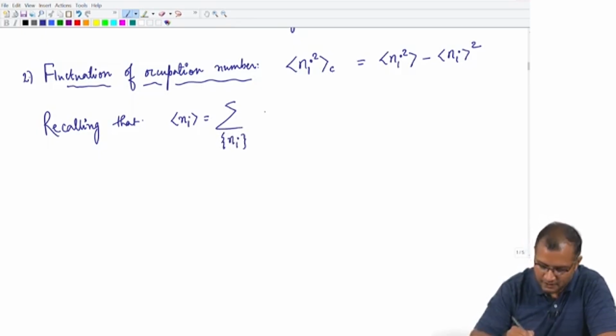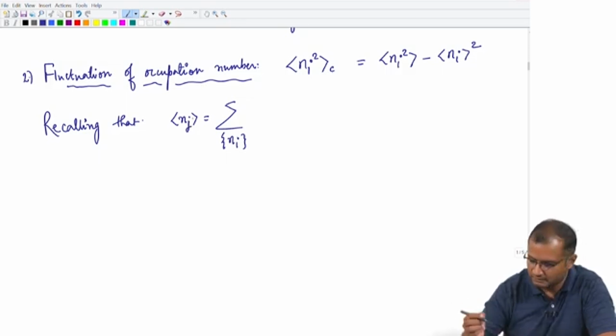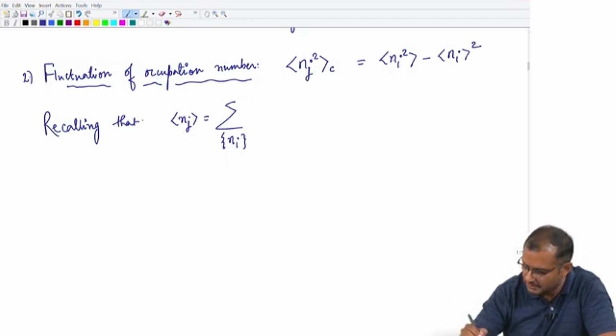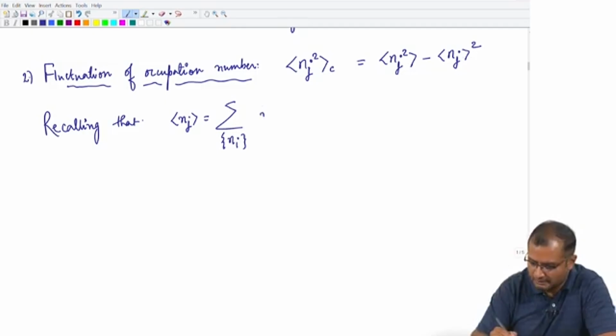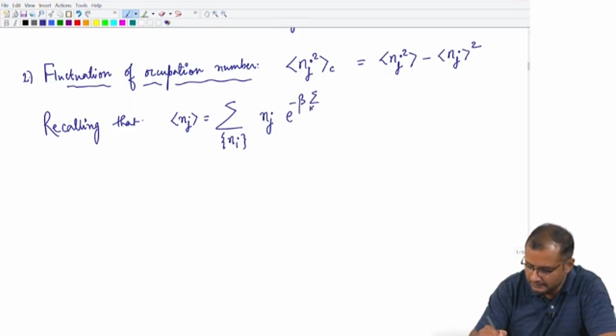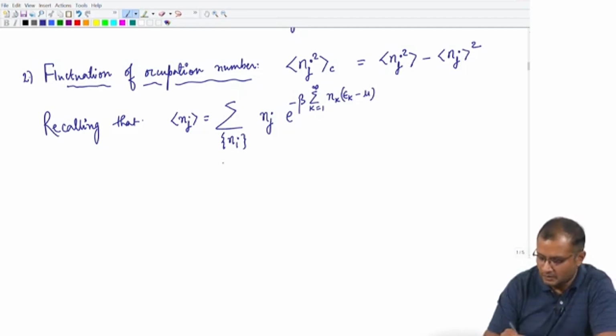And if Ni confuses you, we can take it as Nj. So, how about taking a different symbol? Okay. So, the average occupation is nothing but sampling Nj in our distribution, over the partition function.